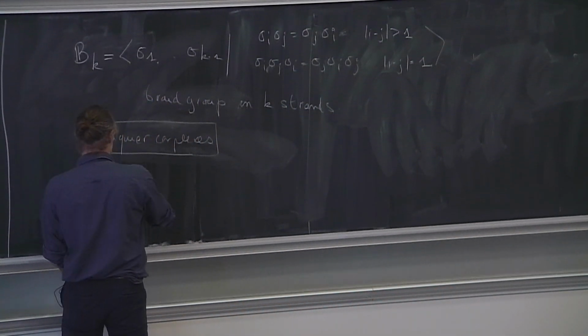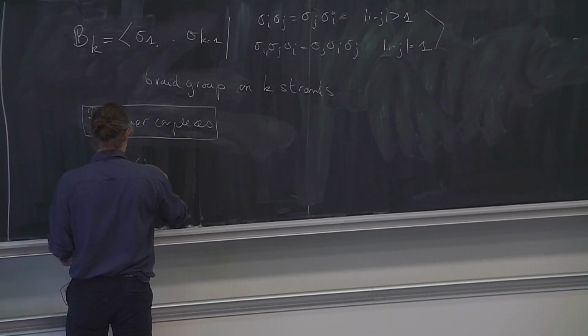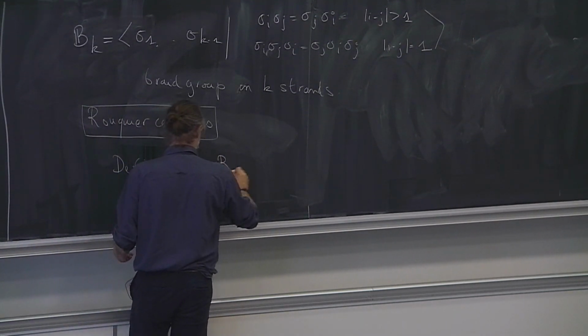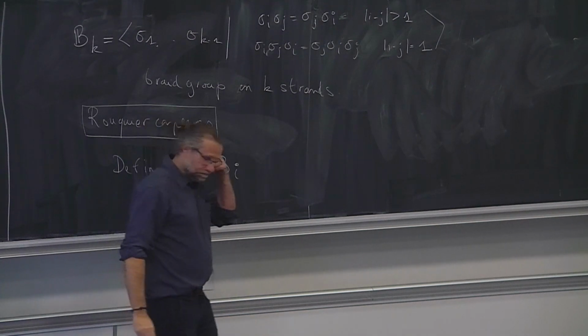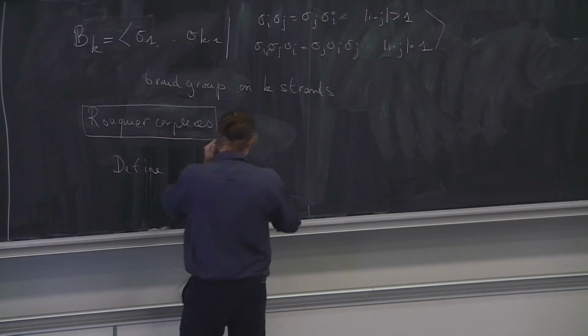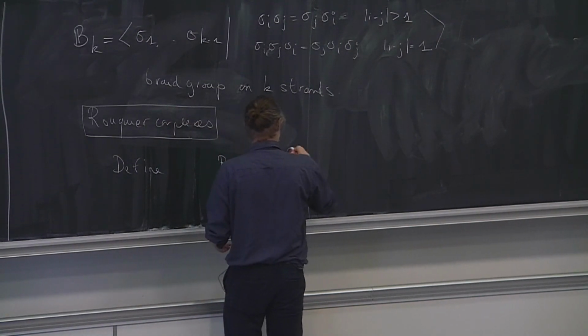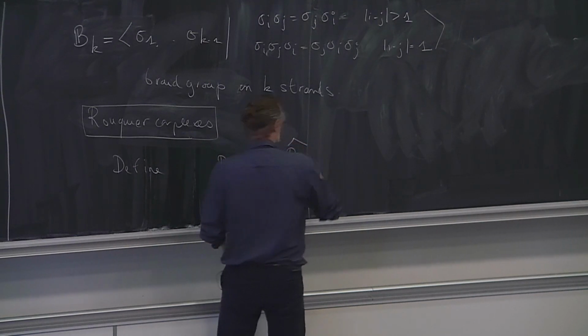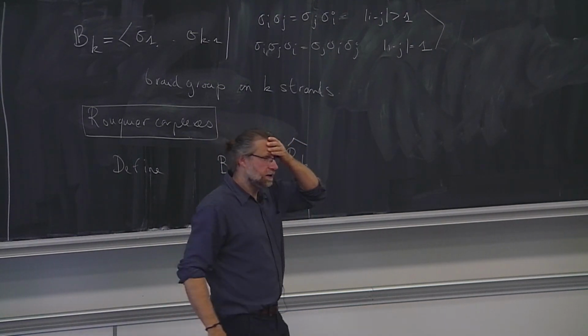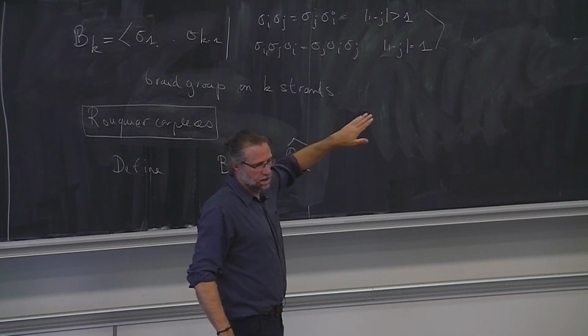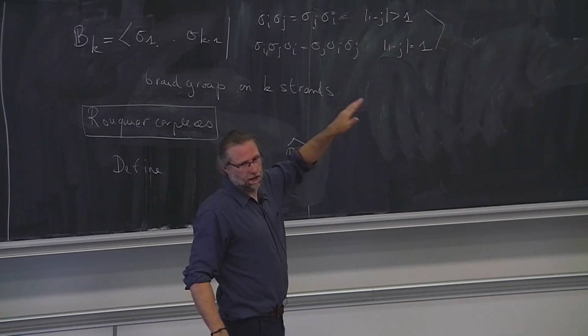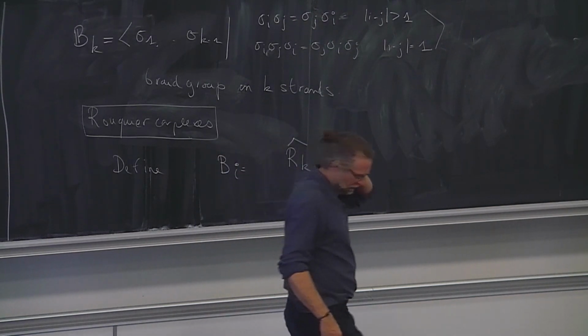For this, define B_i to be this bimodule, R_k hat. Remember, I will think of it as variables x1 to xk and x1 prime to xk prime.